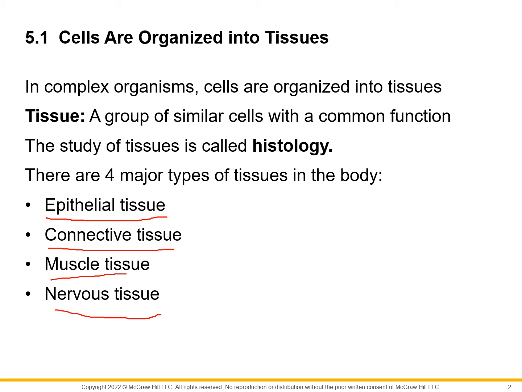But just some ideas about them. All right. So epithelial tissue, connective tissue, muscle tissue, and nervous tissue.